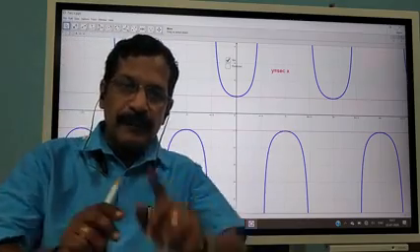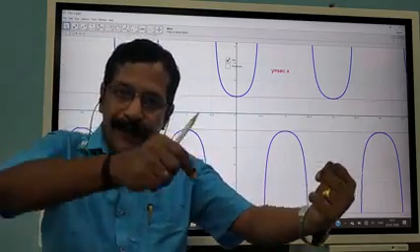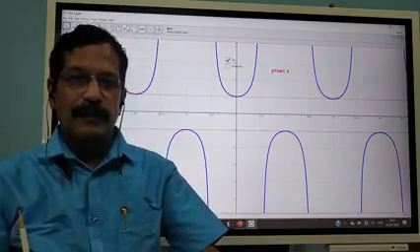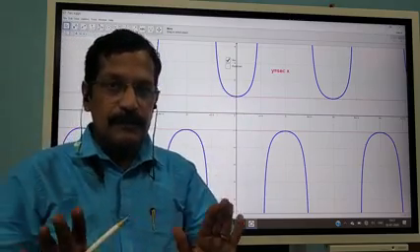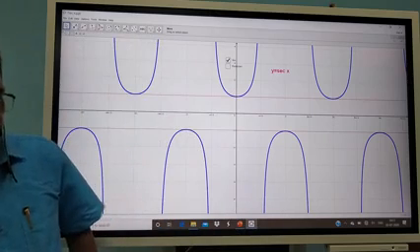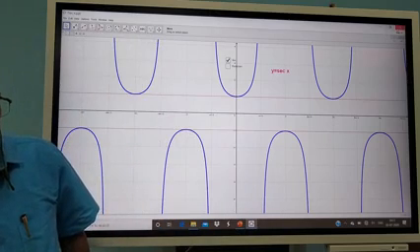So the value should be greater than or equal to 1 or less than or equal to minus 1. So the open interval minus 1 and plus 1 is excluded. Is it clear? Let us go back to the definition of secant.